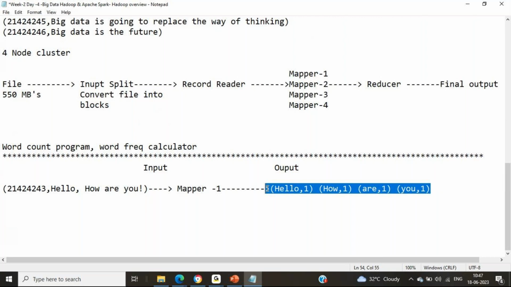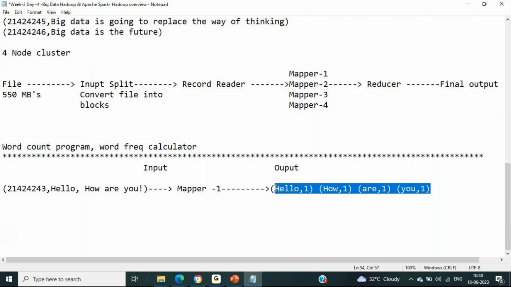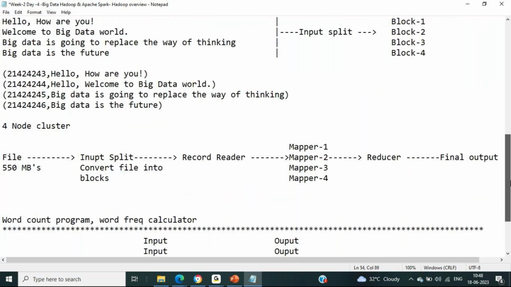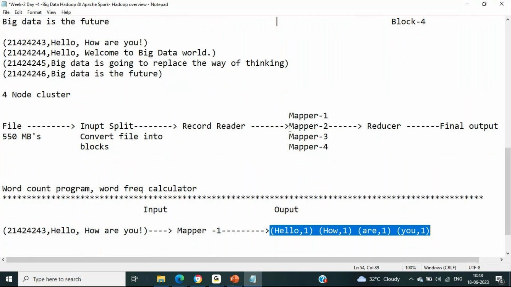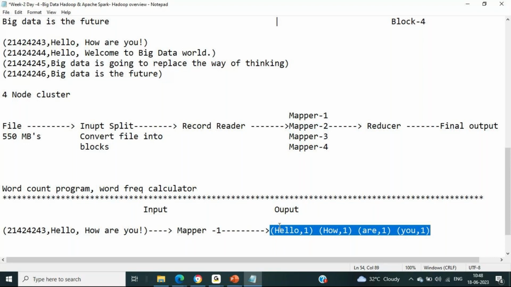And why do I need to have the outcome in this particular way? Because my logic will move in this particular way. So the motto was, if I'm having each and every word, and if I'm having the count for each and every word, say hello one is there, how one is there, I will be able to get the outcome with respect to each and every block. Say mapper 2 will provide its output, mapper 3 will provide its output, mapper 4 will provide its output, then I will arrange these particular keys.